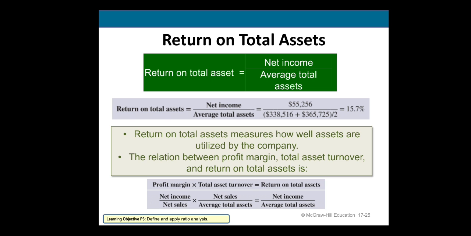For this ratio, the higher the ratio, the better the business in terms of its ability to generate profit by using its asset. If you compare two companies, the company with higher return on total asset is better compared to the other company in terms of its ability to use its asset to generate profit.